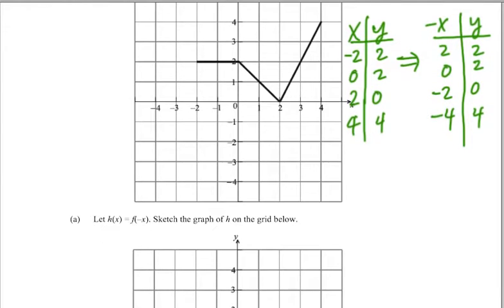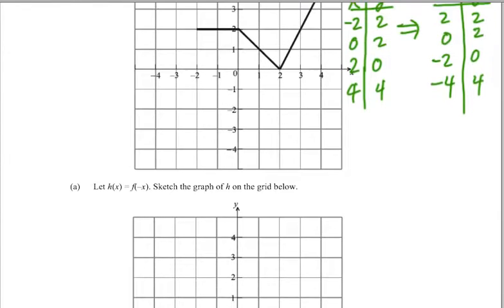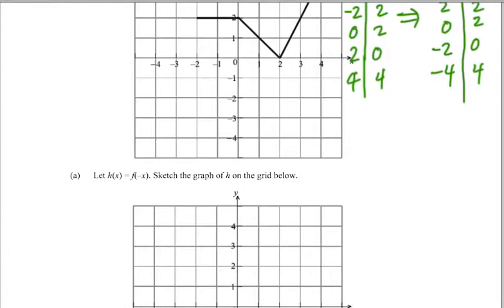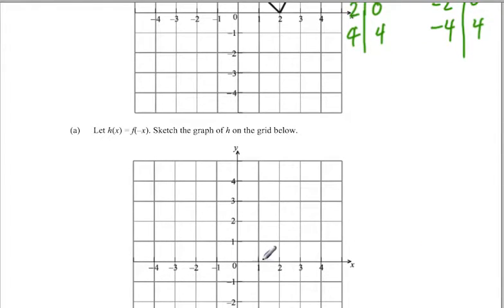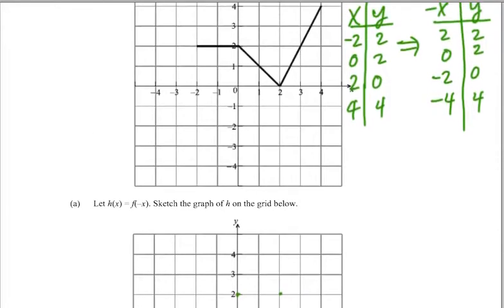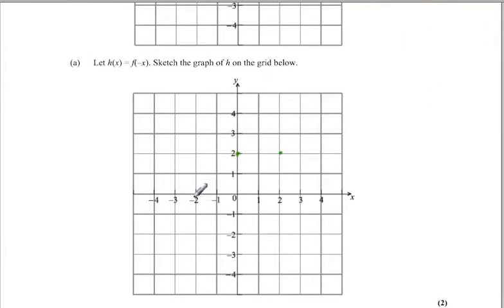Basically, I just have to graph that over here. So it's (2, 2), (0, 2), and if I go back up further, it's (-2, 0) and (-4, 4).